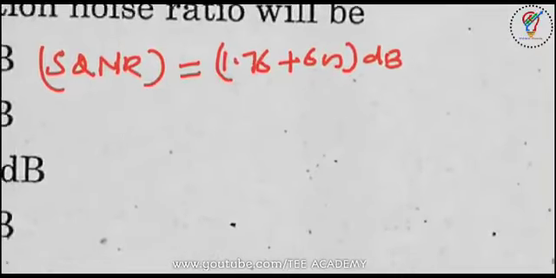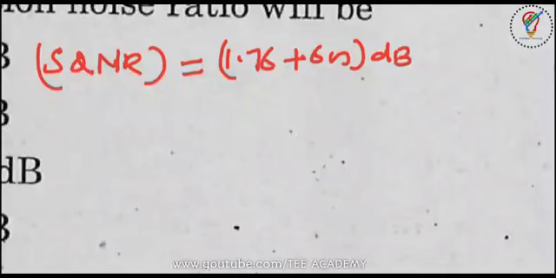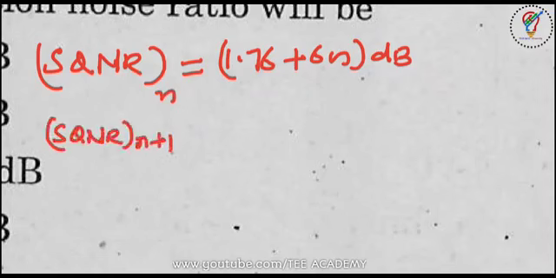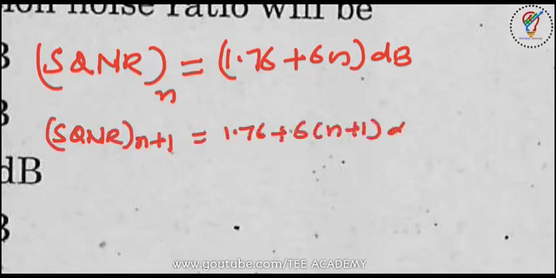Now when it is changed from n to n plus 1, the signal quantization noise ratio is 1.76 plus 6 into (n plus 1), in dB.